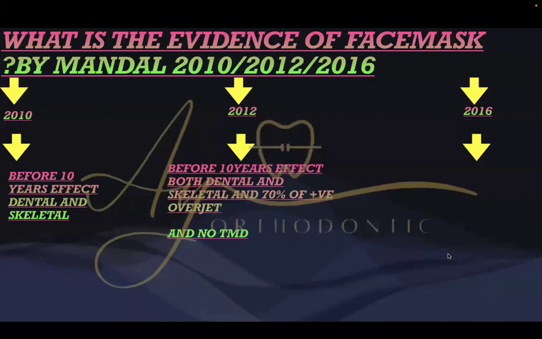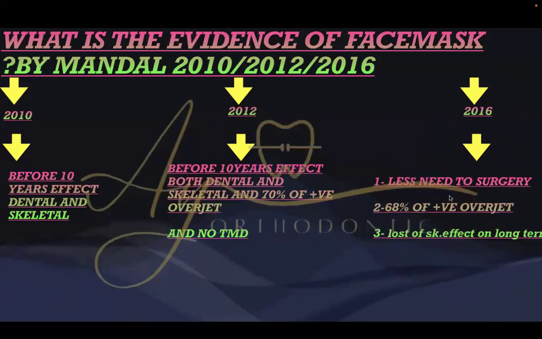Mendel, she is a woman, not a man, as most of us have figured out. I thought she was a man by the name, but she's a woman. Mendel has the 3 most important papers on the face mask: 2010, 12, and 16. Before 10 years old, the face mask will give me dental and skeletal effects.